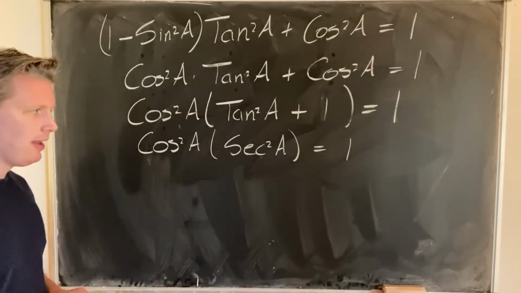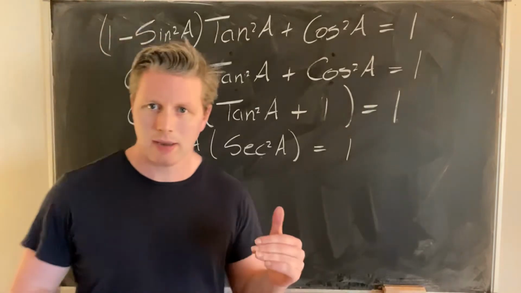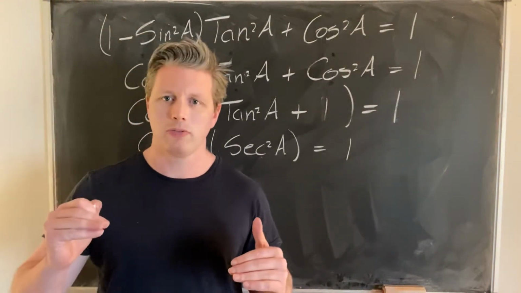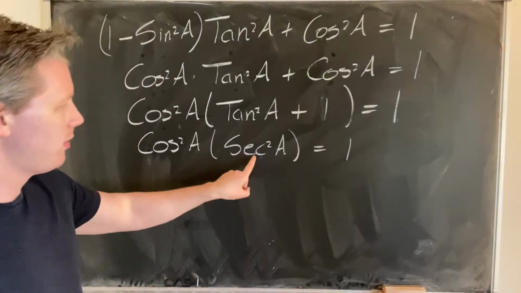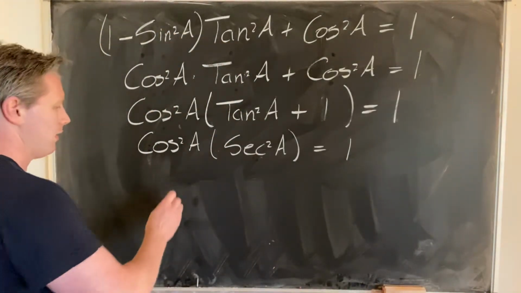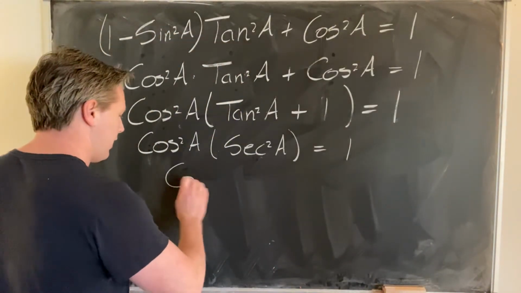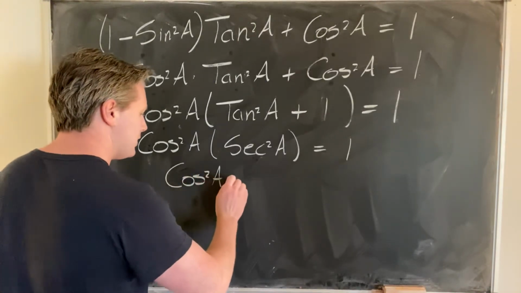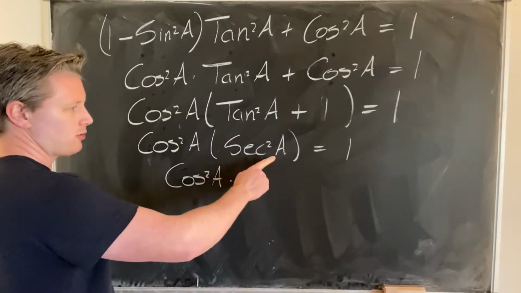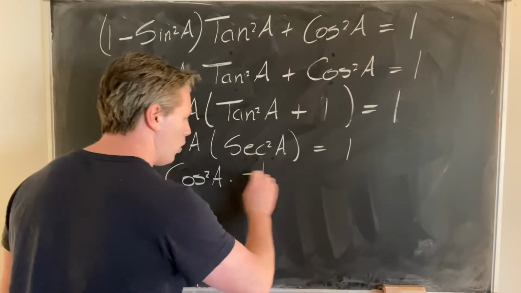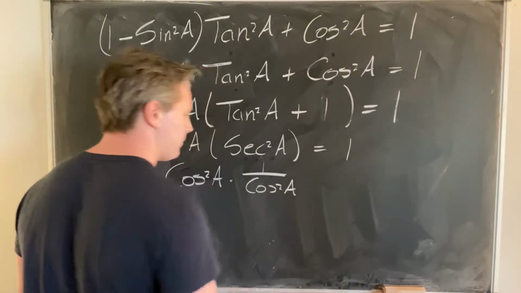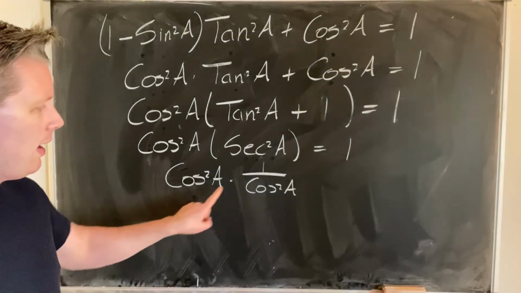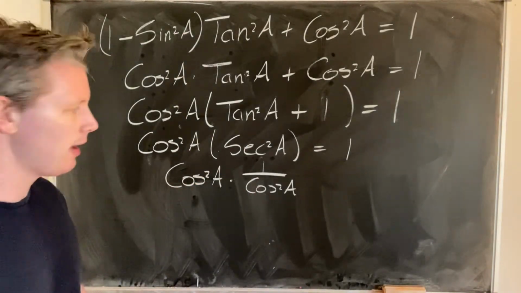Sec squared A, well again, sec is 1 over cosine. So sec squared is 1 over cosine squared. And look at this, I have cosine squared A times 1 over cosine squared A.